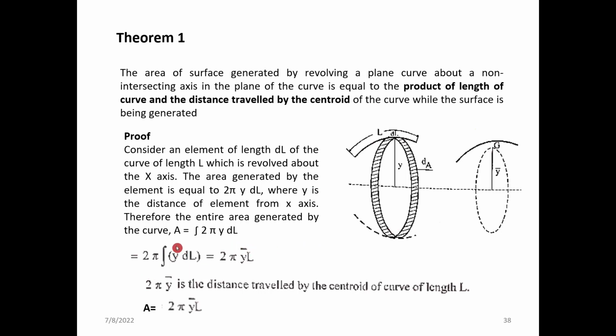So 2 pi into the integral of y dl, we can take as y bar into L on integration. 2 pi y bar is the distance traveled by the centroid of the curve of length L. So A is equal to 2 pi y bar L.